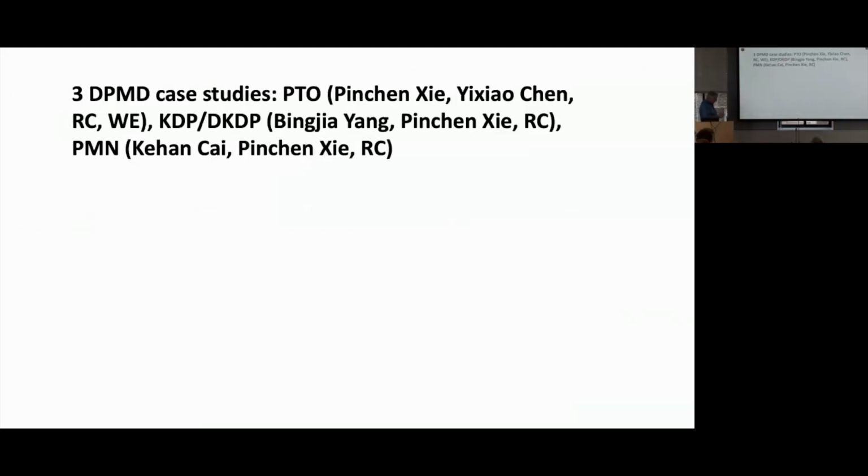I want to present three case studies using this approach of systems in which there is a ferroelectric phase transition, or maybe an attempt of a ferroelectric phase transition like in PMN.